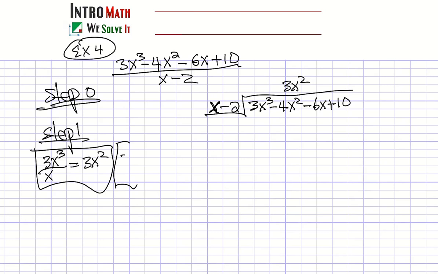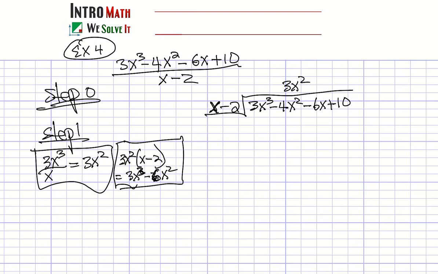And we'll say 3x squared times x minus 2. So by now you see where we're getting stuff from. It equals 3x raised to the power 3 minus 6x squared. You see it, right?